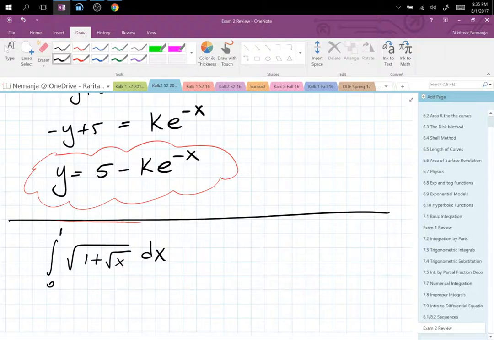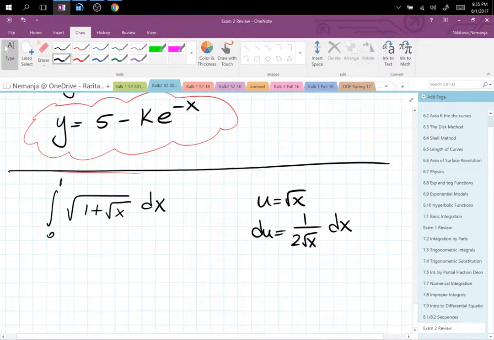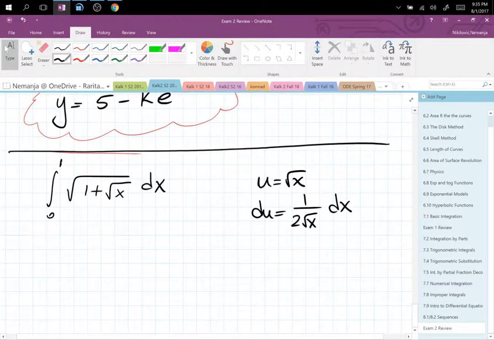So what should we do here? We should make u equal to the square root of x. All right, let's try. And then what's du?